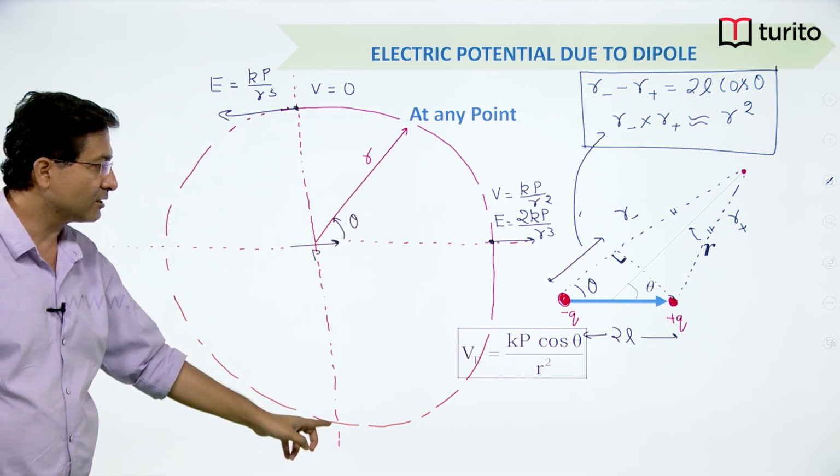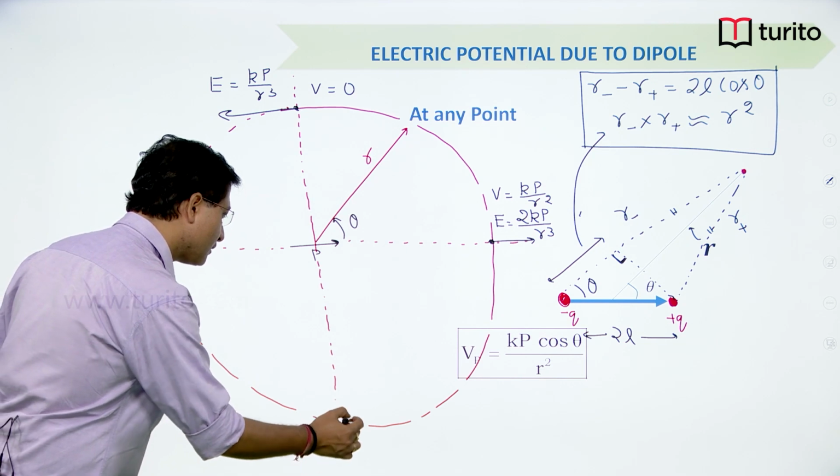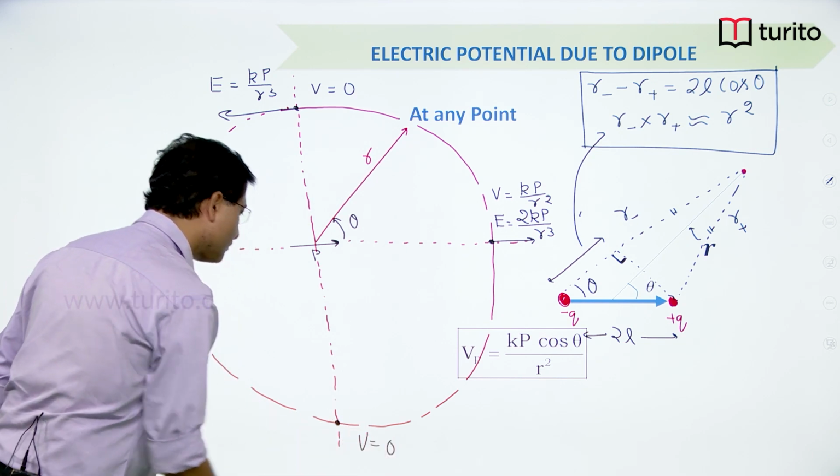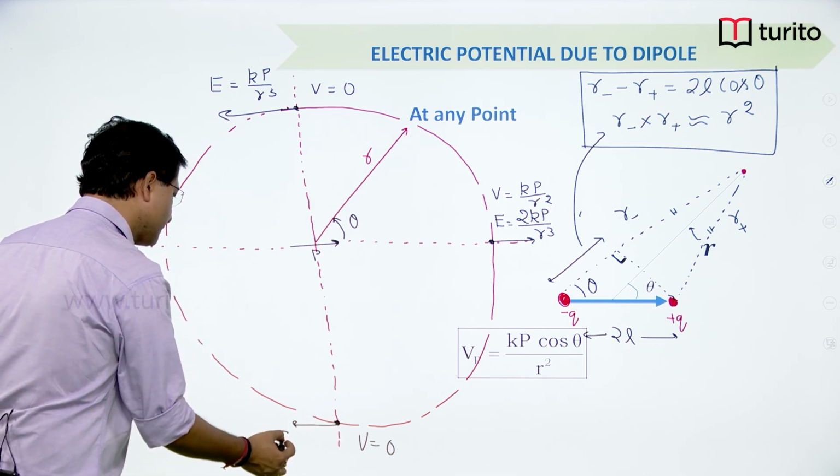Same logic I can extend for this point. Here potential will be 0, and the field will be opposite to the dipole moment, so the field will be like this.